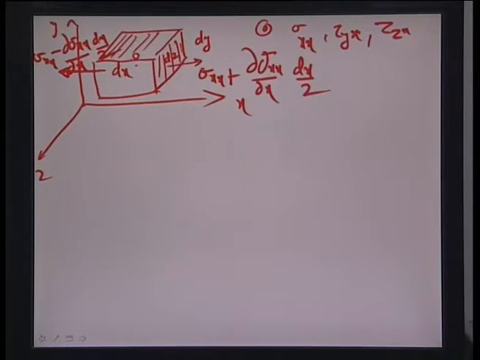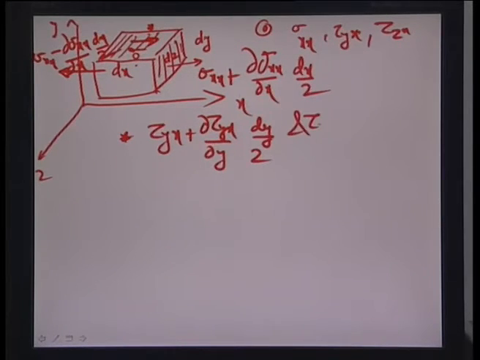Similarly the shear stress components here, and also in the opposite direction in the lower face, let us put this as a star, would be tau yx plus del tau yx by del y times dy by 2 and tau yx minus del tau yx by del y times dy by 2.